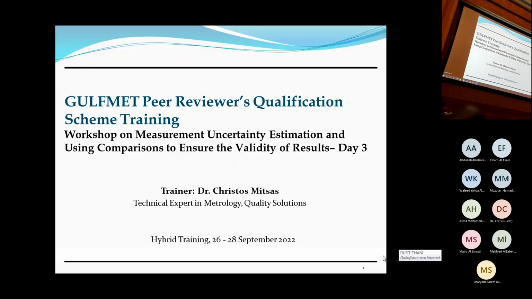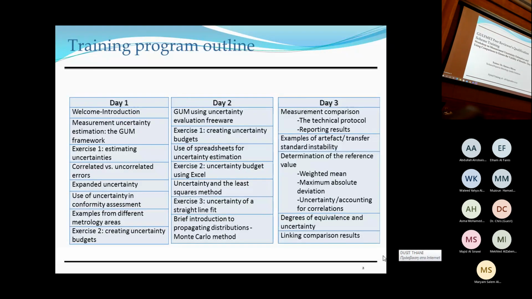But before we go into that, I'll talk a little bit about the planning and the reporting. Then I'll talk a lot about the selection of the artifact and the monitoring of the stability of the transfer standard, which is very, very important if someone wants to analyze the results.